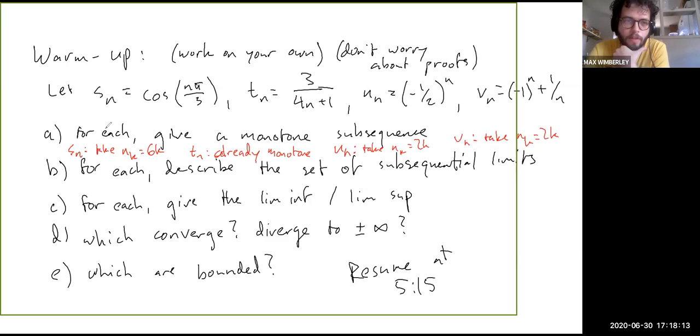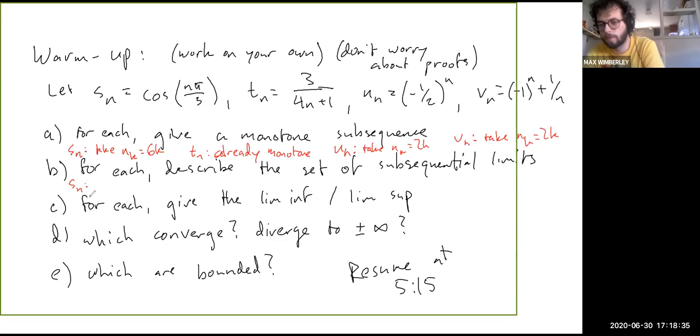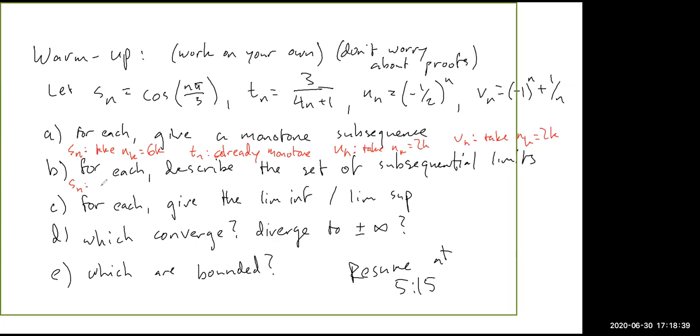Okay, so now the set of subsequential limits. That's an interesting one. So for Sn, who wants to tell me what the set of subsequential limits is for Sn? Is it 1 and -1? Okay, those are subsequential limits, yeah, but there are actually more. Also plus or minus half.